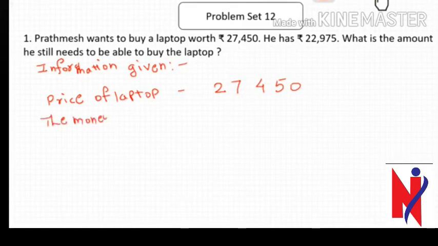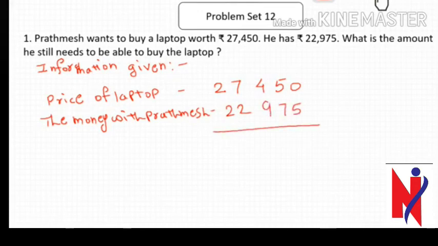So you will write this way, okay? Money with Prathamesh, or Prathamesh has money. That is 22,975. Right, children? Now you need to find how much more money he needs to buy this laptop.